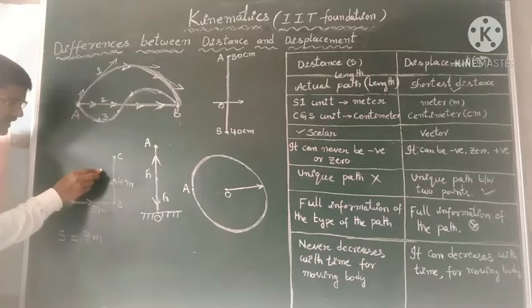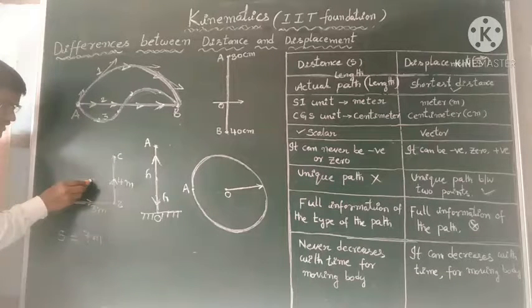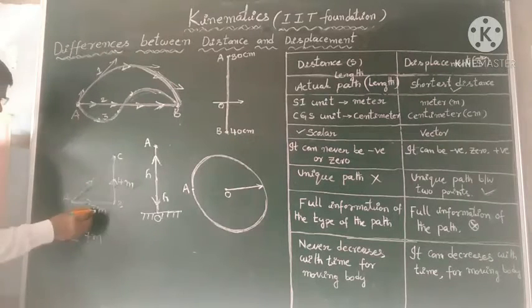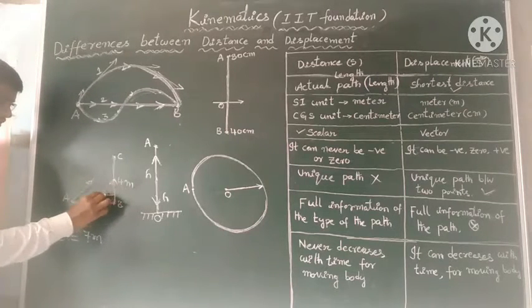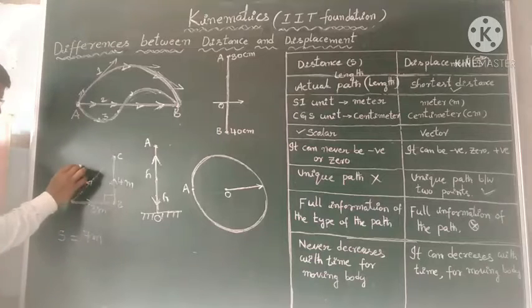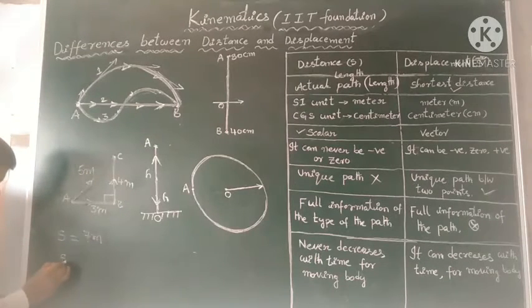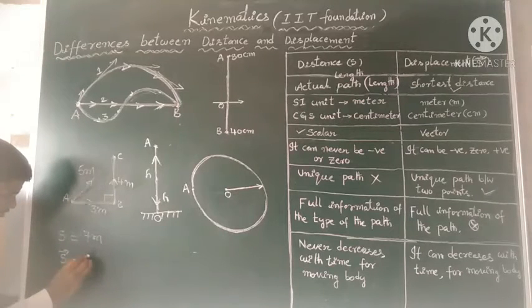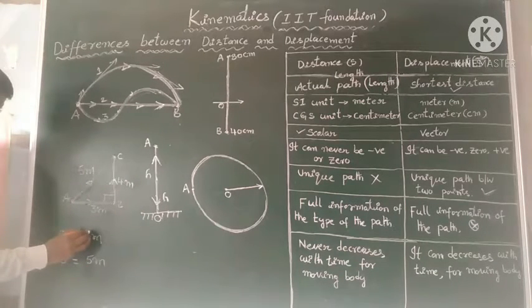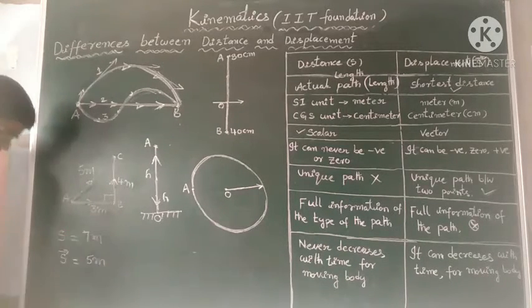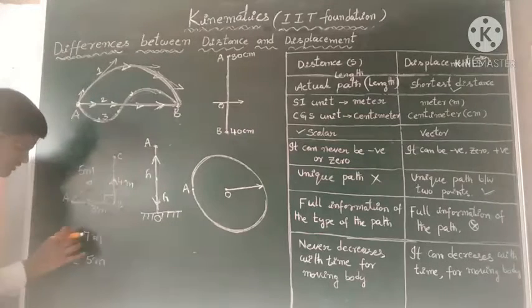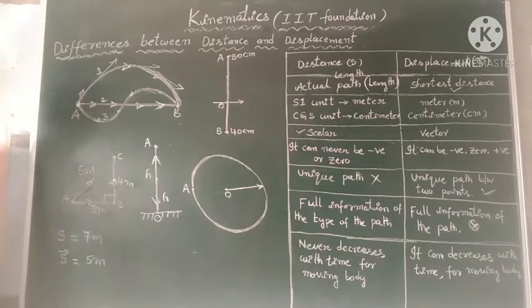So you go a direct line segment from initial to final. This is called displacement. And with 3, 4, you know this is a right angle, so it will be 5 meters. So the displacement is 5 meters. Distance is 7 meters.